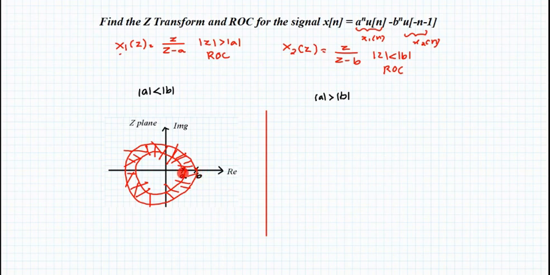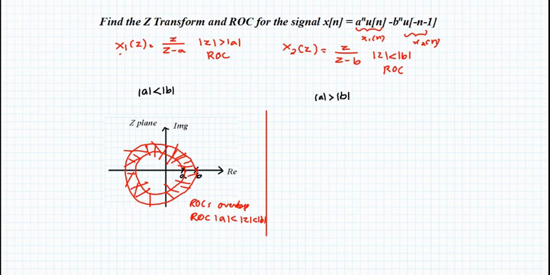Because one signal is greater than a and another signal is less than b, if you combine these two signals, there is a common, overlapping area. So the ROCs overlap, and I can say that the combined ROC is modulus of a less than modulus of z less than modulus of b. So we got the common area.